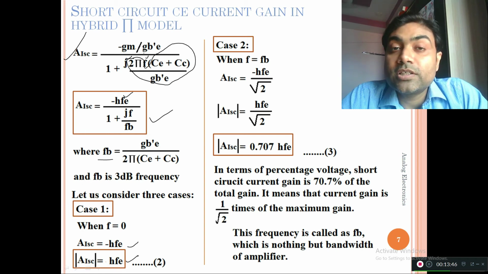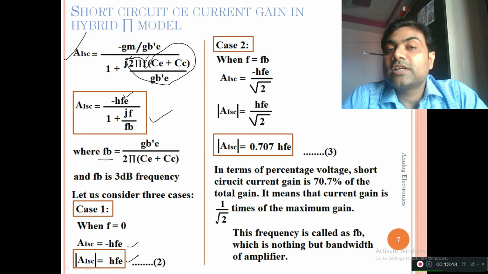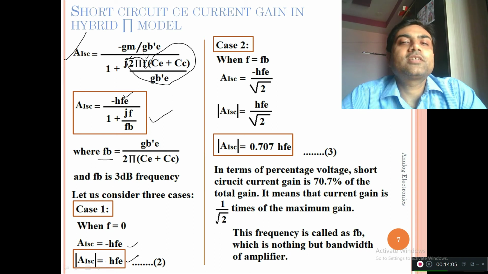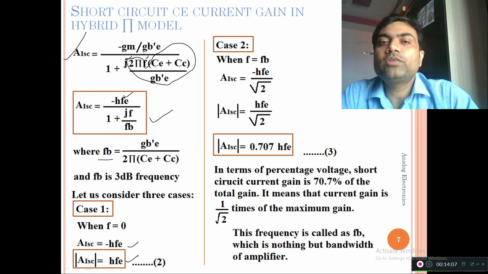What is h_FE? h_FE is the current gain, the gain at low frequency. By making f equal to 0, you are going to the lower frequencies. So when you apply f equals 0, the short circuit current gain in the high frequency model also comes out to be h_FE, since we have removed the frequency term.